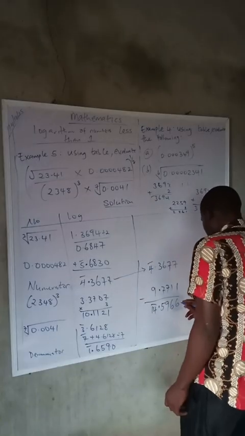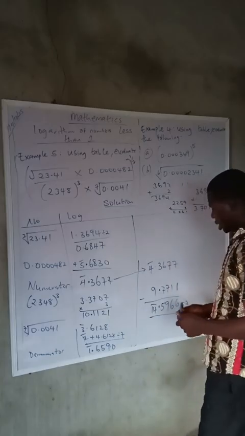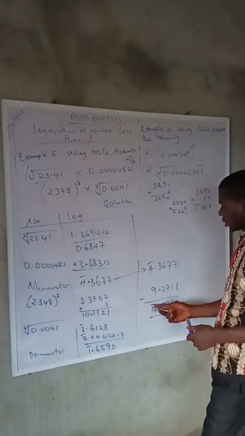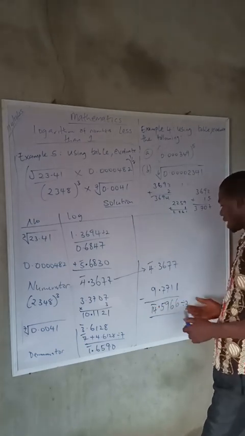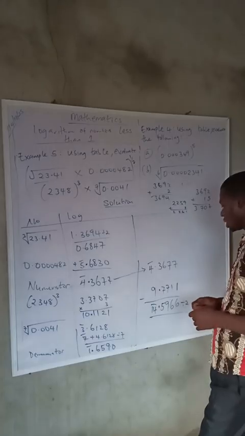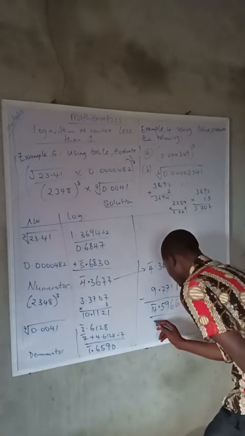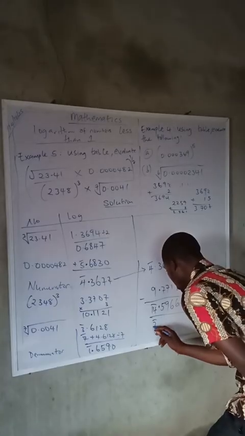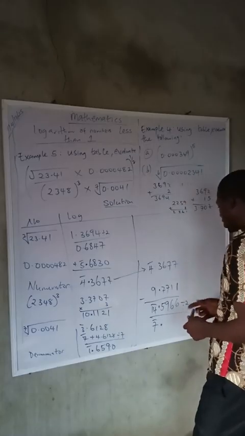So let's divide. We don't need to stress ourselves, because this bar 14 is divisible by 2, so we can just divide straight away. How many 2 can you have in bar 14? You have bar 7 point. Then, how many 2 can you have in 5?